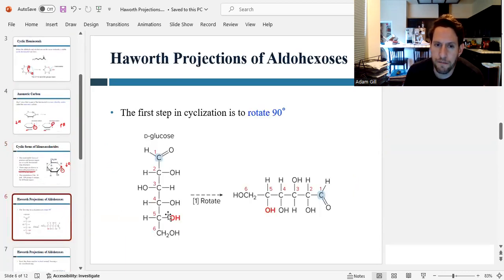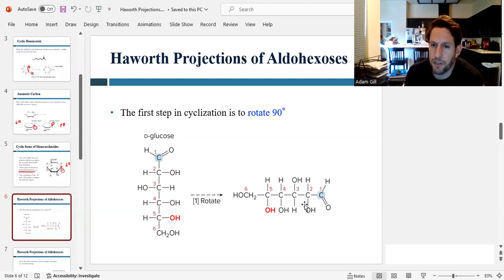So if we have a Fisher projection and we want to draw it as a Haworth, first thing we have to do is take our Fisher projection and tilt it over 90 degrees. And so if your OH is on the right side, like on carbon 2 here, when it tips over, now it's on the bottom. If the OH was on the top, when you tip it over, it's still on the top, right?